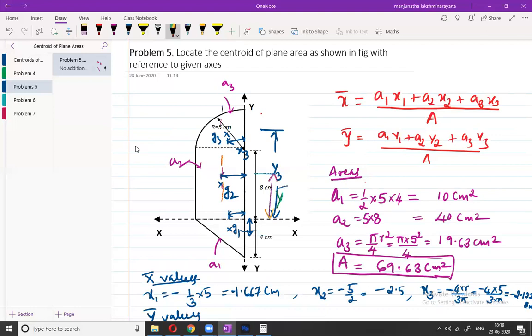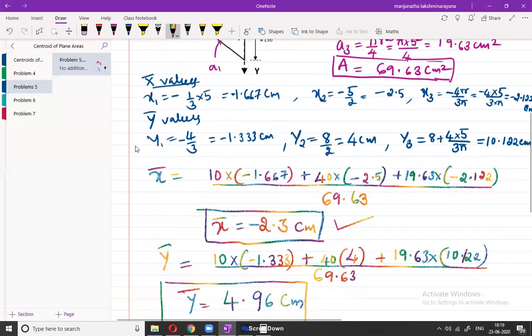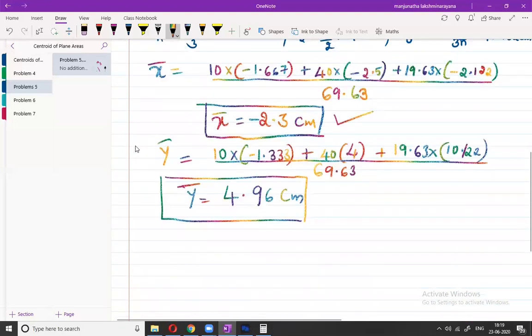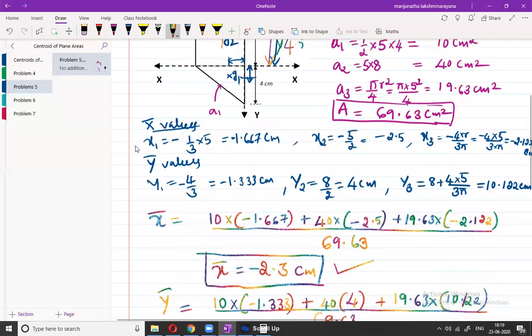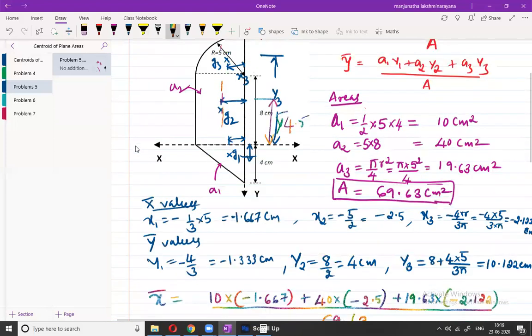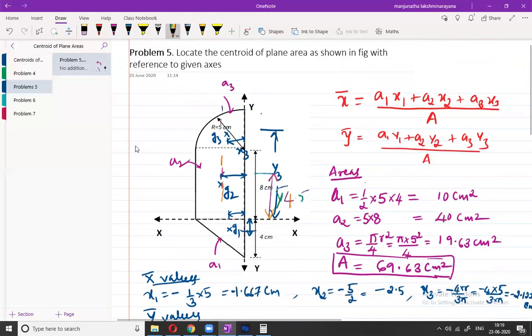So 8.5 minus 4 is approximately 4.5, which is almost the same as 4.9, so this is also correct. This is how you should use common sense when judging the answer, when you are solving the problem in the exam as well. That completes problem number 5.